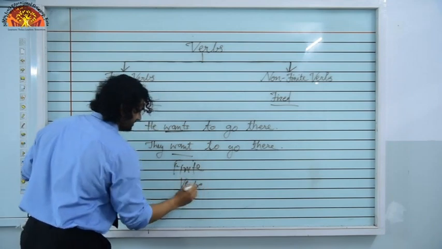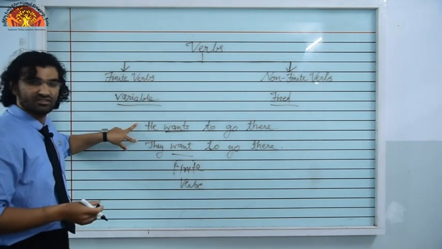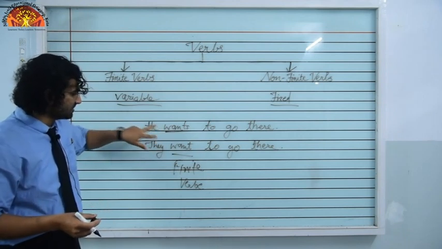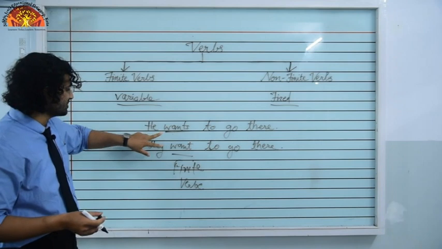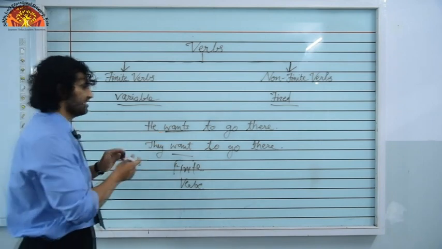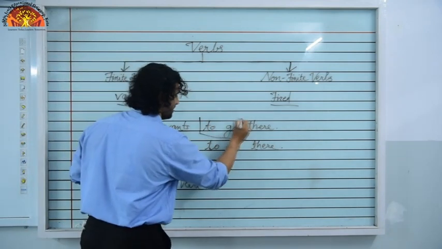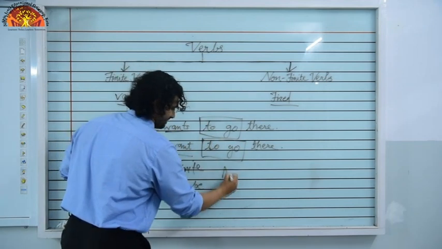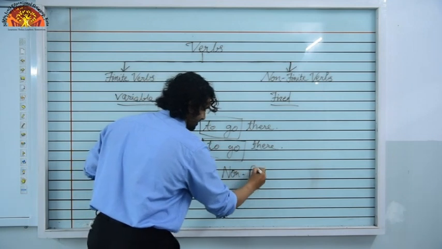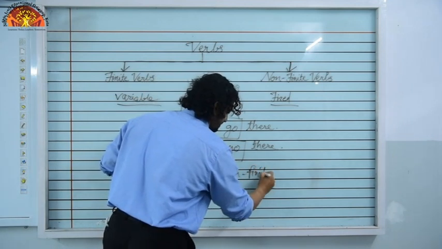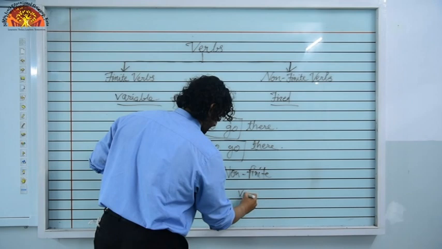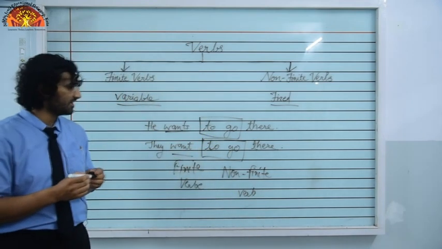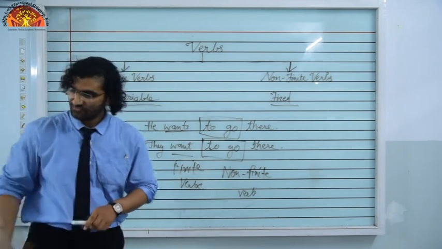This is variable. This may change with the change in subject. He became they, so this verb also is changing with the change in subjects, while this to go remained the same. This is non-finite. Those are not affected. Those verbs which do not change with the change in subject are non-finite verbs. Alright?